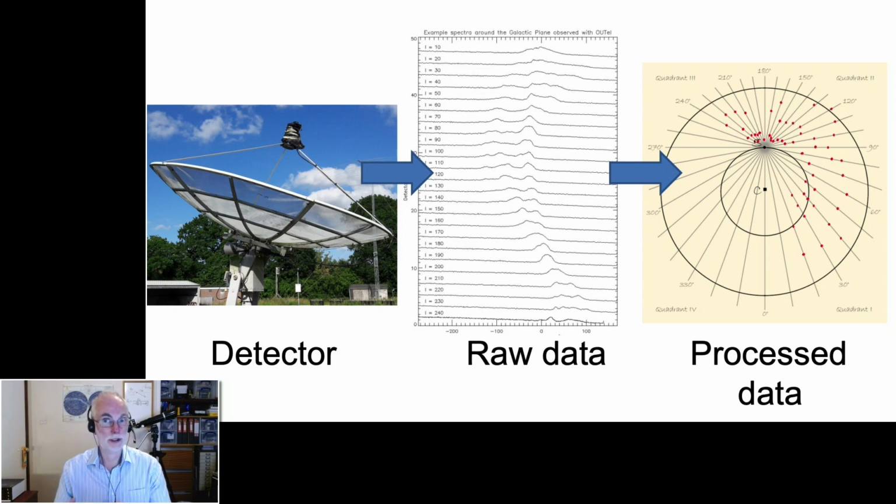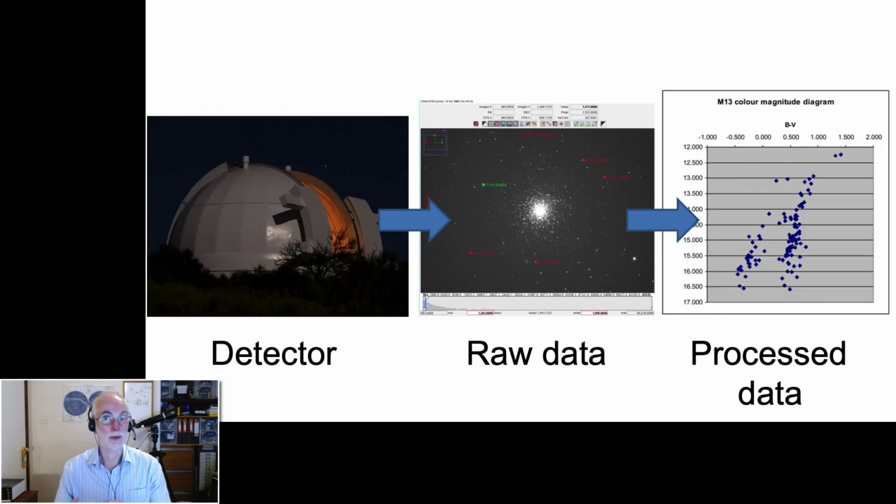And if we look at PIRATE, if we look at the optical astronomy, we'll see that that flow of information is a very, very similar process. So in this case, the phenomenon is visible light from our star clusters, and that's coming into our optical telescope as a detector.